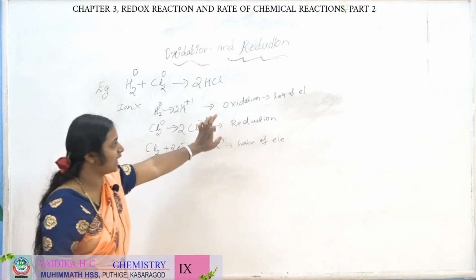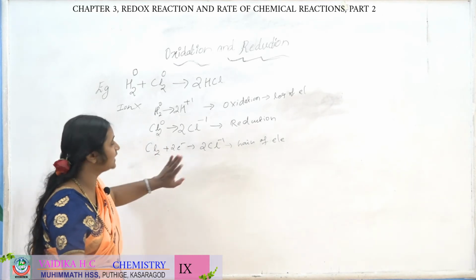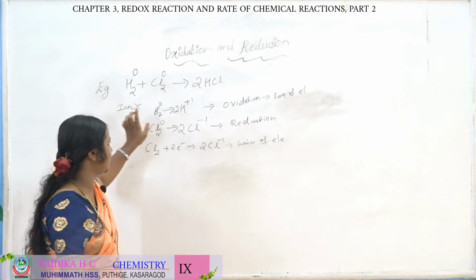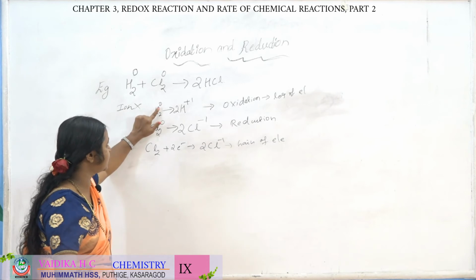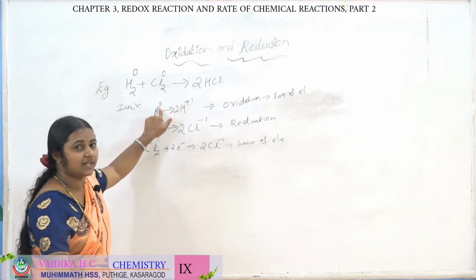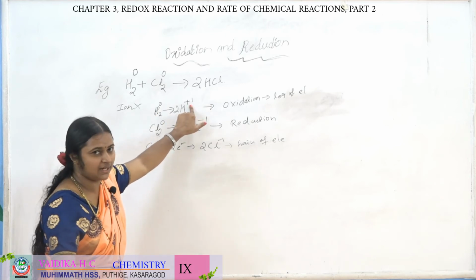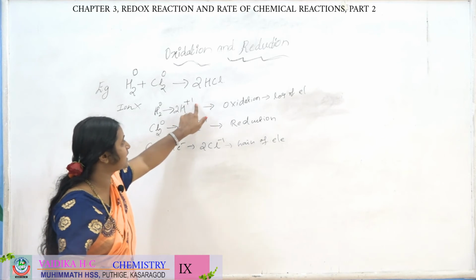We can find out whether a reaction is an oxidation or a reduction by another method, by looking at the oxidation number. Here the oxidation number is 0 for hydrogen on the reactant side, but on the product side it is +1, right? The hydrogen will have the +1 charge.